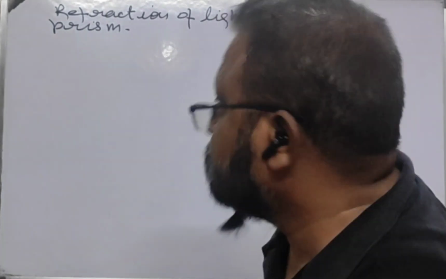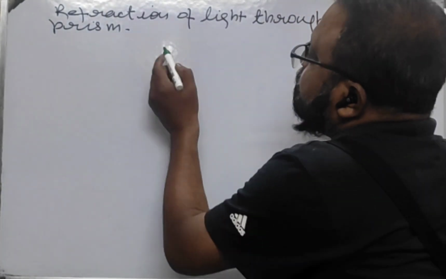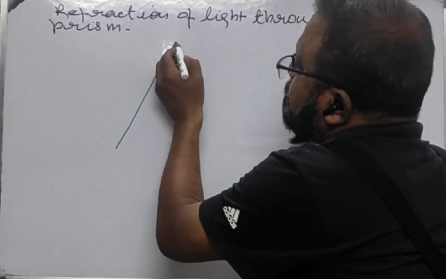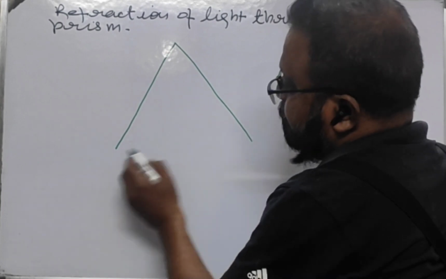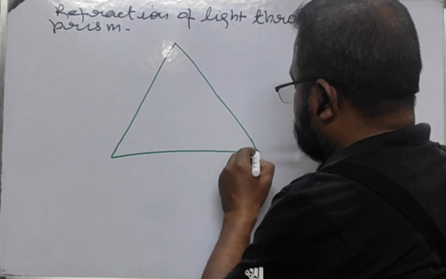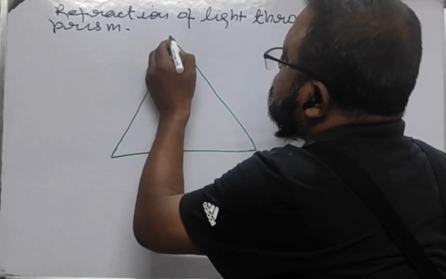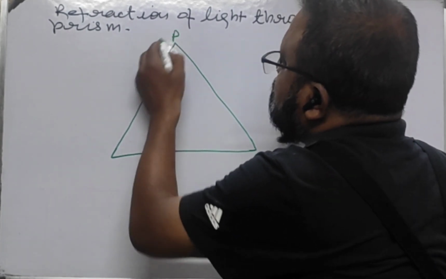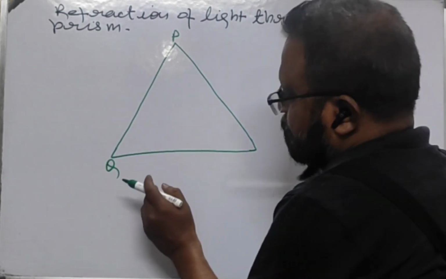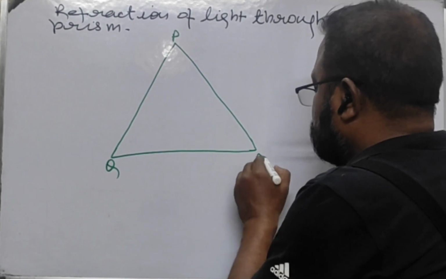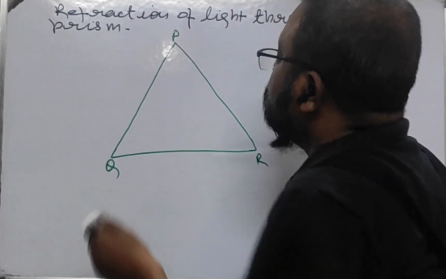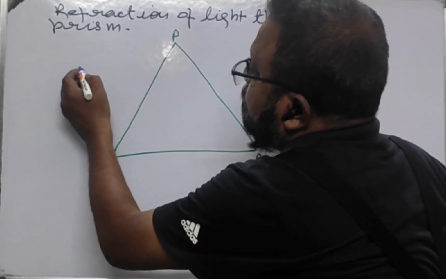Okay, so there is a prism. The prism is like this. This is called P. This is called Q. Now, this is the normal of this side.